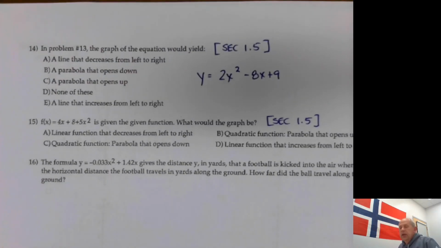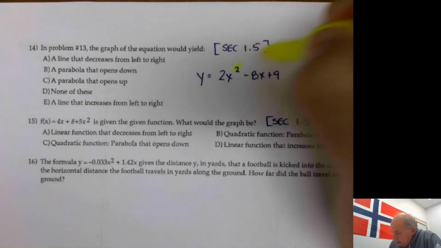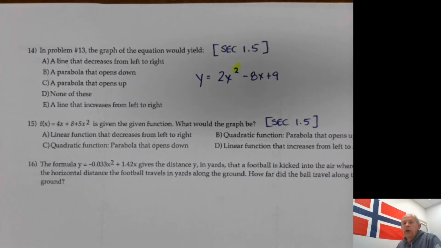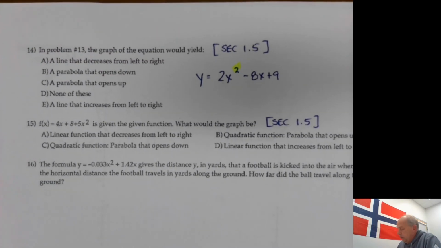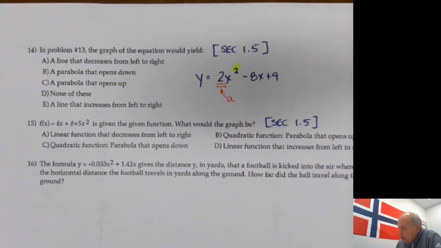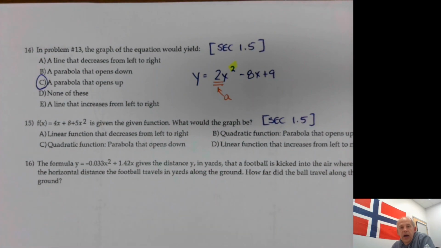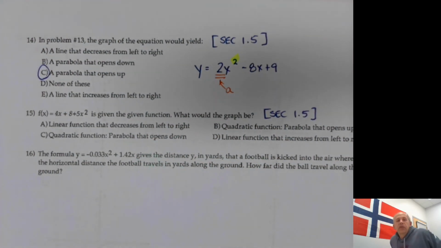What I want to do here is determine, if I were to graph this, what type of graph would I get? This time, x is squared, so that tells me a quadratic, that tells me a parabola. a is a positive 2, which means that this parabola is going to open up. So my answer for number 14 is C.